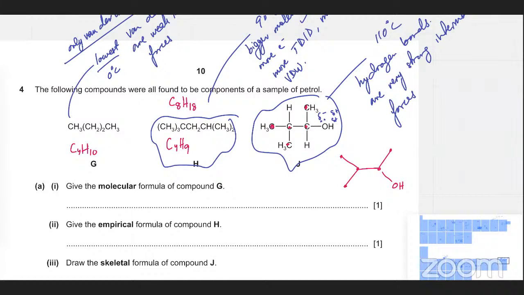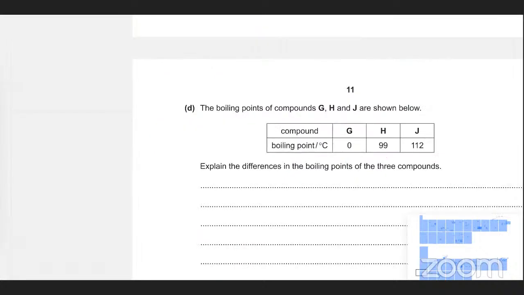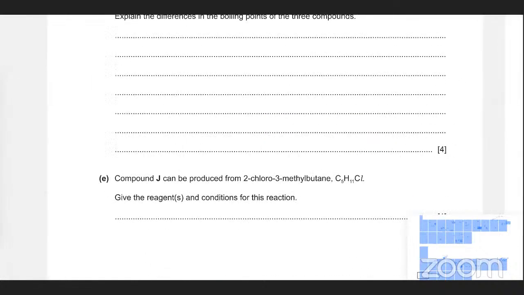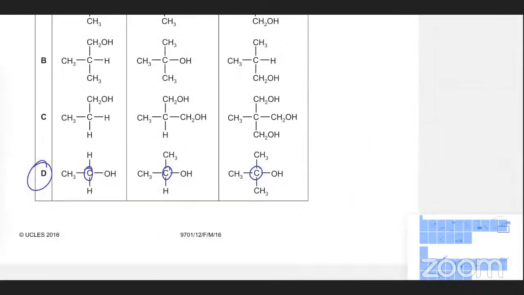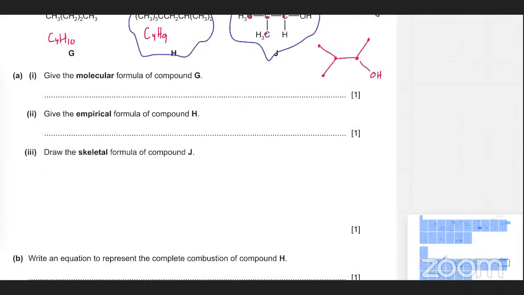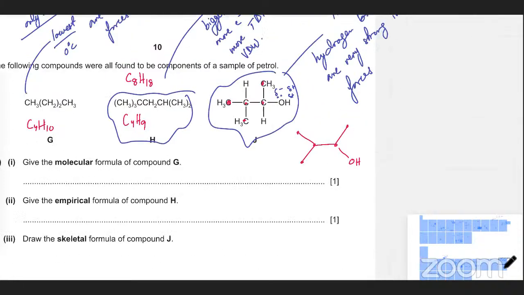So he's saying it can be produced from 2-chloro-3-methyl butane. So let's first find out what 2-chloro-3-methyl butane is. So it's butane, 4 carbon atoms, and it's 2-chloro and 3-methyl.